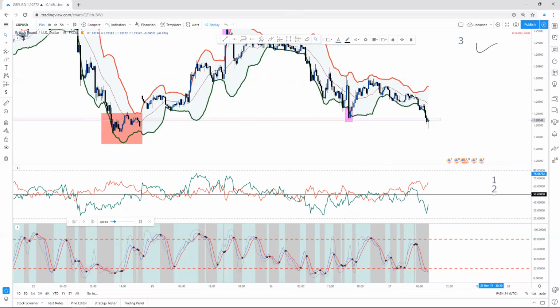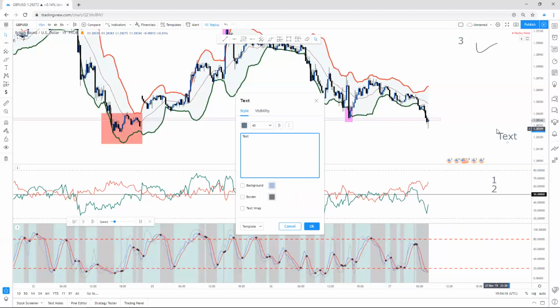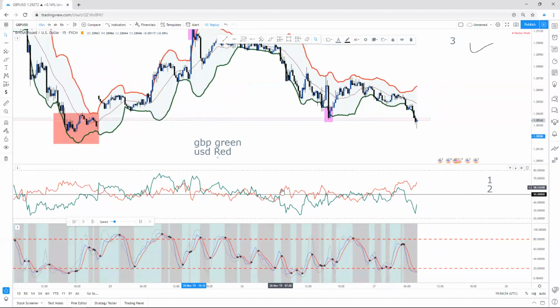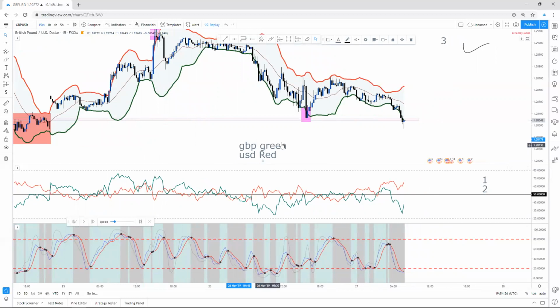So let me put it here. GBP is the green line and USD is the red line, okay? Remember, GBP is green, USD is red, okay? Remember that. It's very important because if GBP is green, green symbolizes what? Buy, okay?